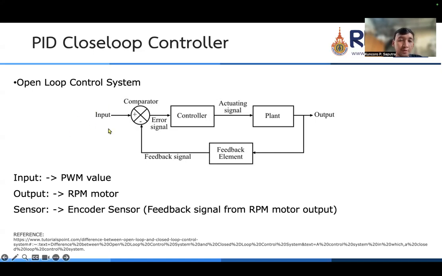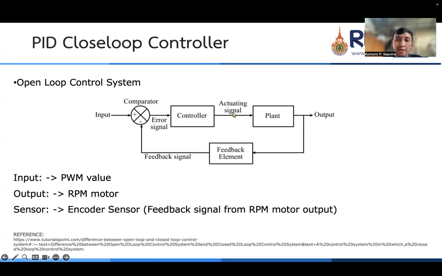So for the input, we use a set point with a PWM value, and the controller gets the input. After that, the controller will make the motor rotate, and after that we can measure the RPM value.